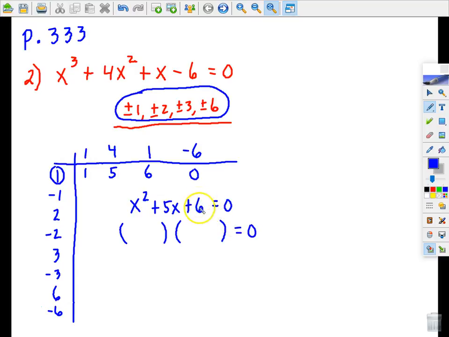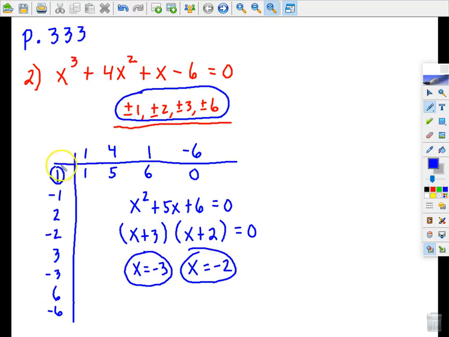I mean, you could if you want to, but if factoring is possible, that's what I prefer. There are factors of +6 that add up to +5, and that would be 3 and 2. So letting each factor equal 0 and solving, we would get x is -3 and x is -2. So here are my 3 solutions for this cubic polynomial.